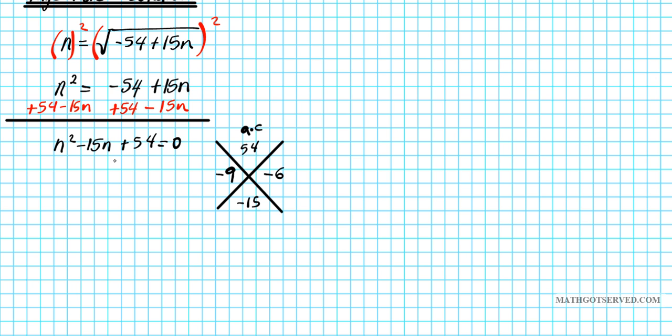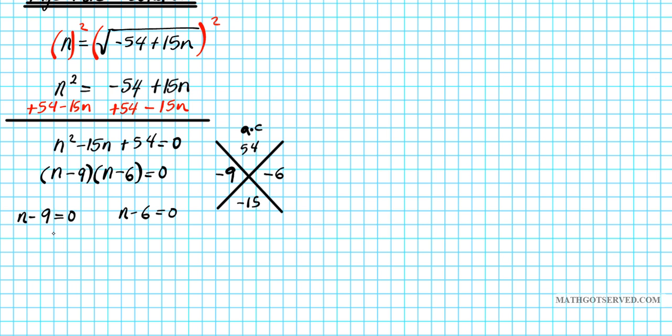That works perfectly. Now, since A is equal to 1, we can jump to the factored state. No need to factor by grouping here. So n minus 9 and n minus 6 equals 0. Using the zero product property of equality, we set both factors equal to 0.